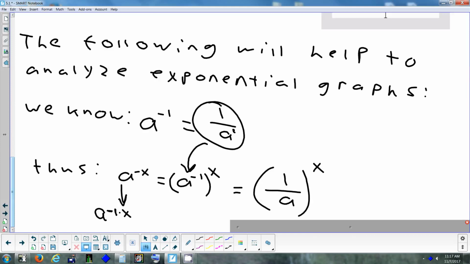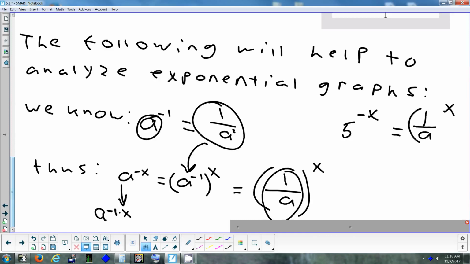So the shortcut, when you have anything raised to a negative x, if you want to rewrite that so it's a positive x, look at your base and flip it so it becomes 1 over, and the exponent turns into a positive. That's how you can rewrite something that has a negative exponent.